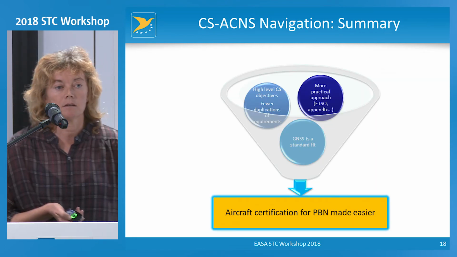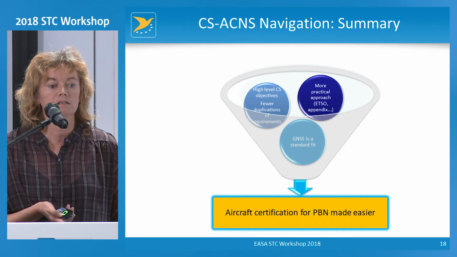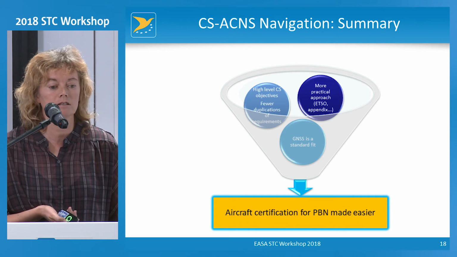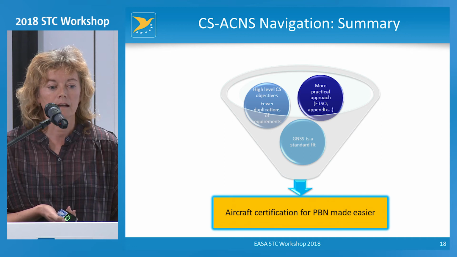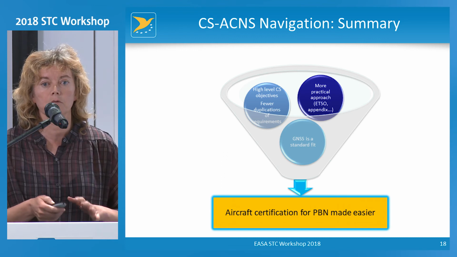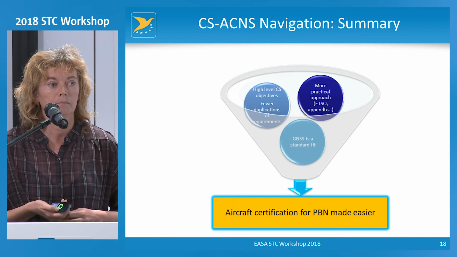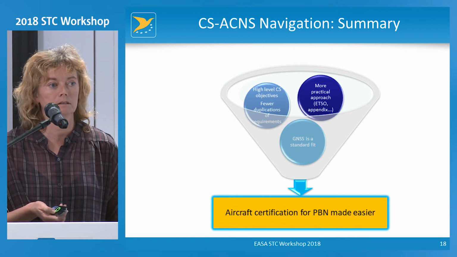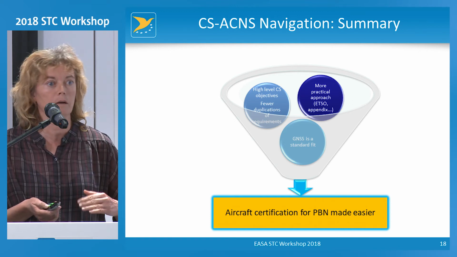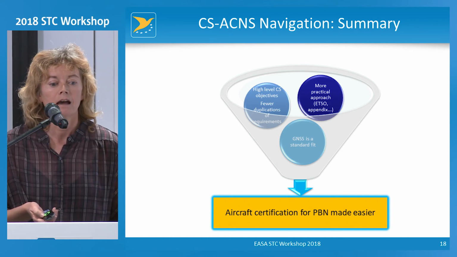This is just the summary of my presentation about the objectives of the CS ACNS navigation. High-level objectives, and less duplication, because of the way we have organized subsections: depending on the build-up of capabilities, you apply two or three or the necessary subsections.